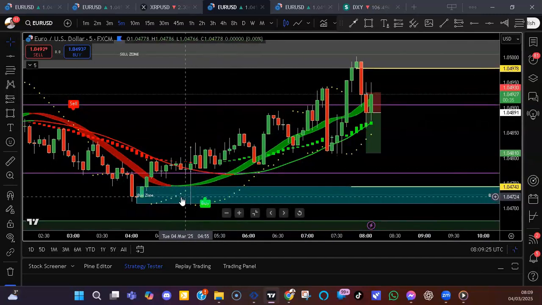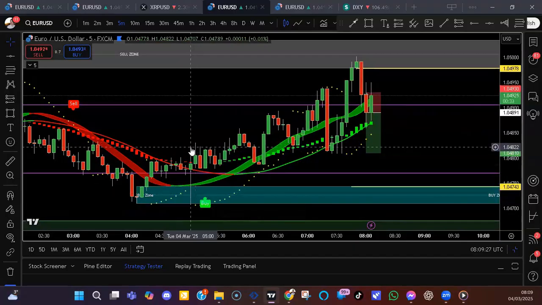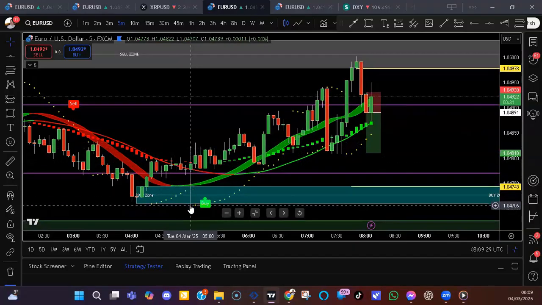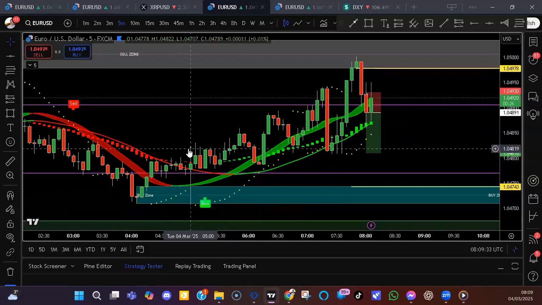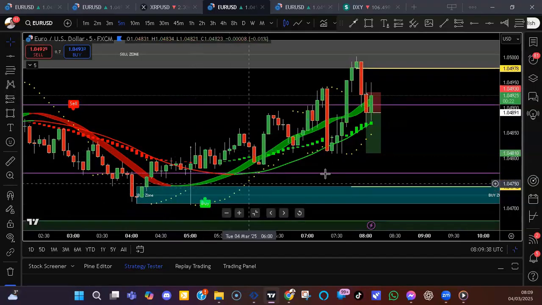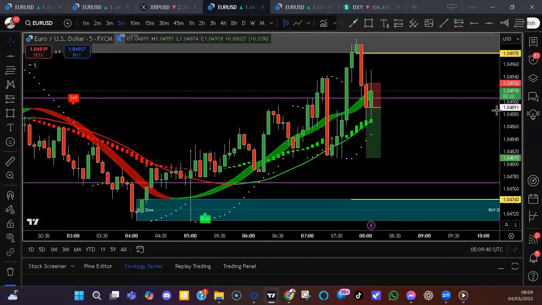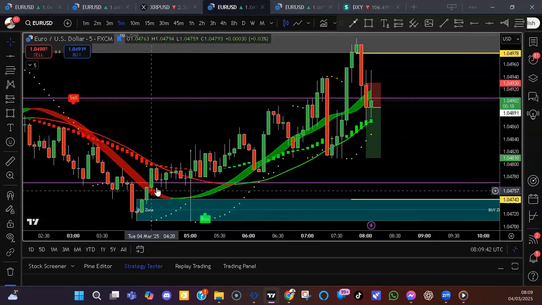Down here at 5 o'clock, there was a big spike there. Well, I say big, it's an 11-pip move within 5 minutes, mitigating that imbalance.